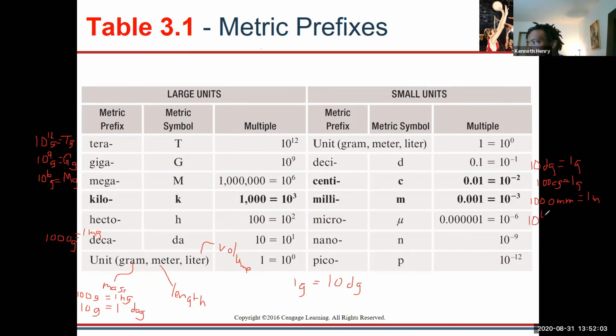A million micro, this letter here is a Greek letter called mu, but it means micro. So a million micrometers equal 1 meter.